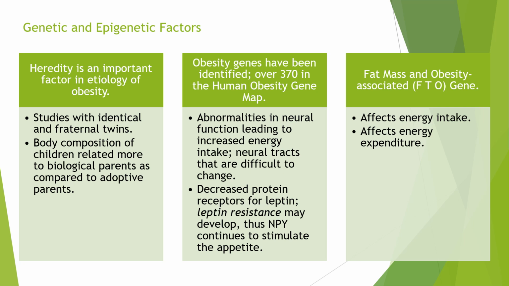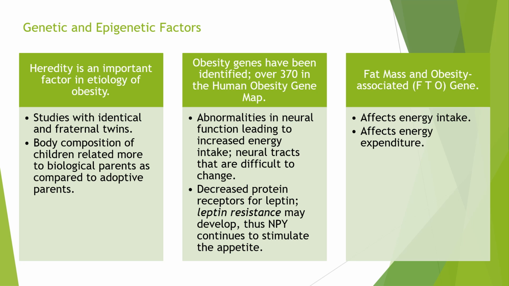And then the theory of obesity genes. The human obesity gene map has identified over 370 genes associated with obesity. These genes can influence various aspects of metabolism and energy balance. Some specific genetic influences are neural function abnormalities.